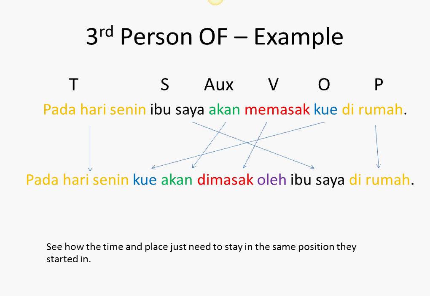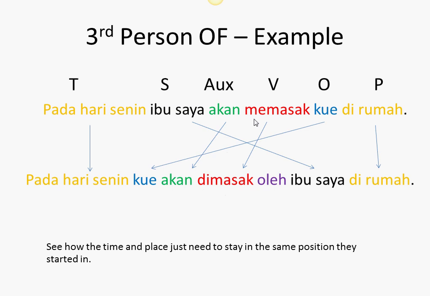Okay, so we change it again. So the time, pada hari Senin, on Monday, and di rumah can stay where they are. Just keep them where they are in the sentence. We've moved kue, our object, the cake, to the front position where the subject was. The auxiliary, akan, has stayed where it was. The verb has stayed where it was.